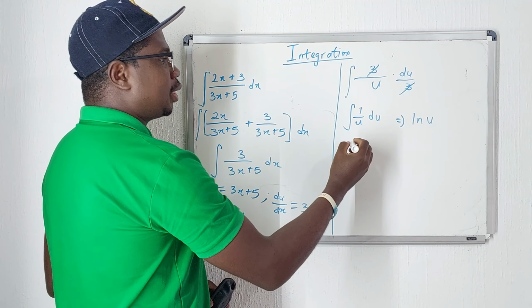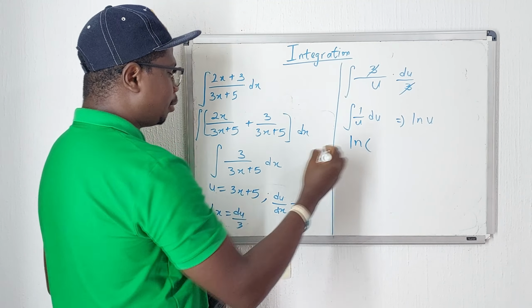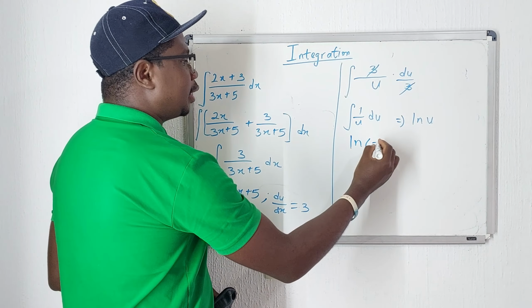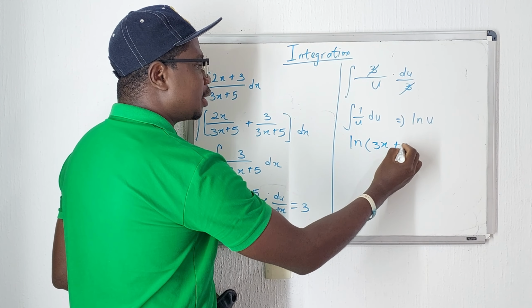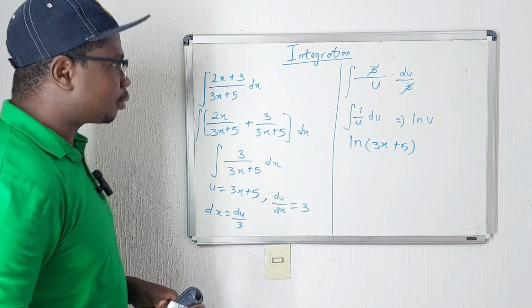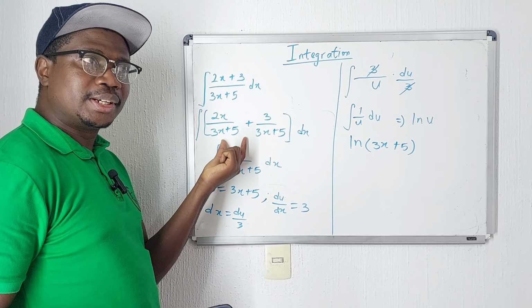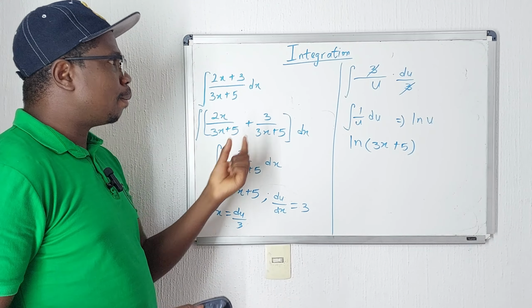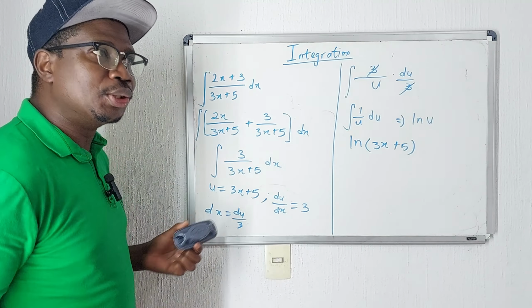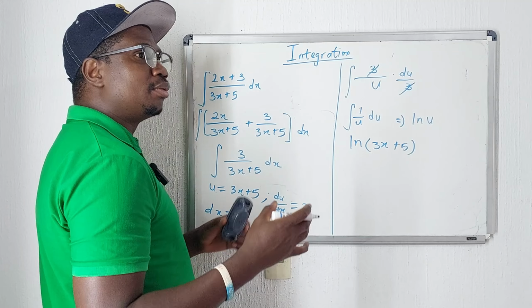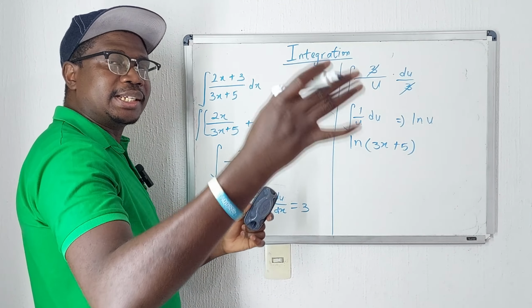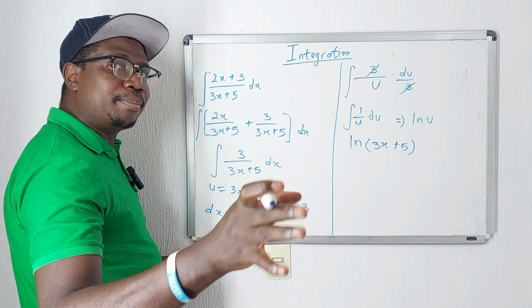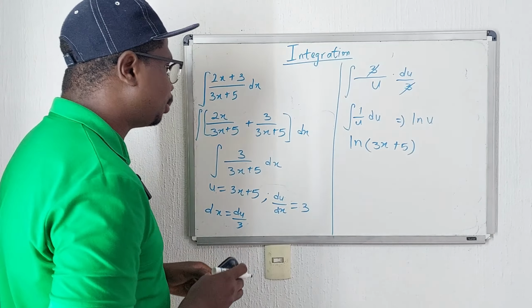So I can't put my plus c here. So I have ln, what is my u? 3x plus 5. Now I'm going to solve the second one separately. Remember, we split it because of integration by summation. If we have two integrals and there's an addition in between, we can separate them, by the summation rule of integration.